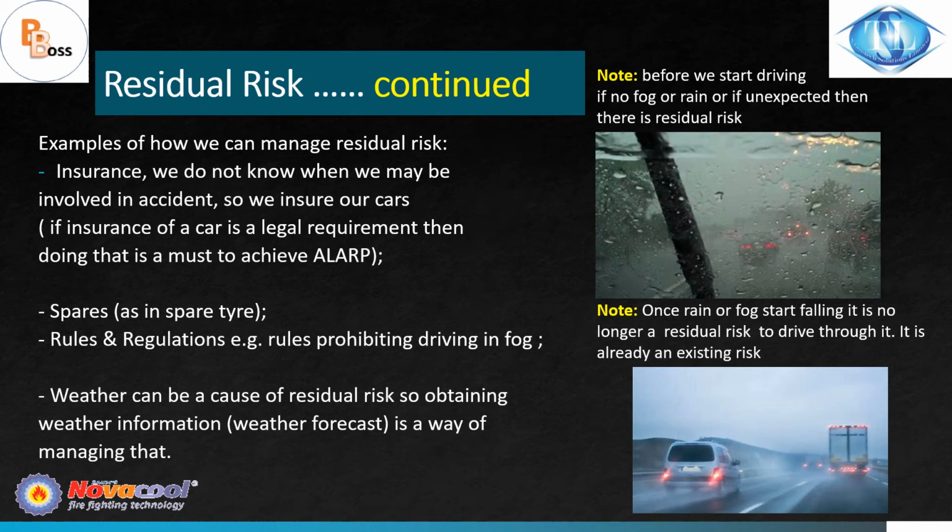Weather forecast: before going on a certain trip, I can listen to the weather forecast, and if it says there will be heavy rain or fog, maybe I should cancel this trip. So we don't just accept residual risk. And as we said, sometimes we don't know about residual risk.